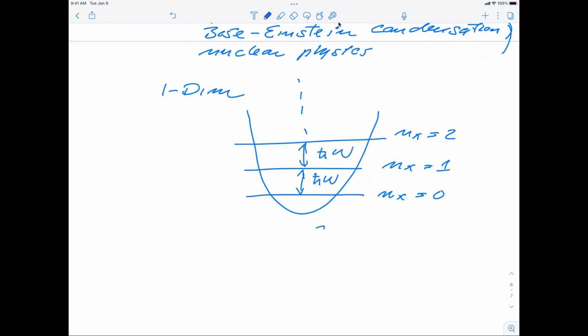So the energy, this epsilon nx, is now given by h bar omega, and it contains nx plus a factor of a half. So that's the harmonic oscillator energy. So this is a typical example of a computational basis, which is highly relevant if you're dealing with, let's say, quantum dots, or you want to study Bose-Einstein condensation or similar systems.